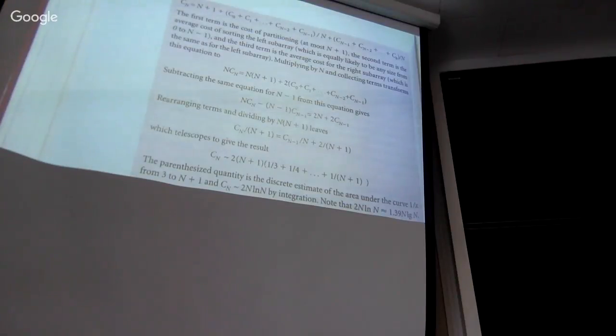And now, what I can do is I want to start solving this thing. It's an inequality, because I started out by saying, let's take the average. So this is the average cost, approximately.